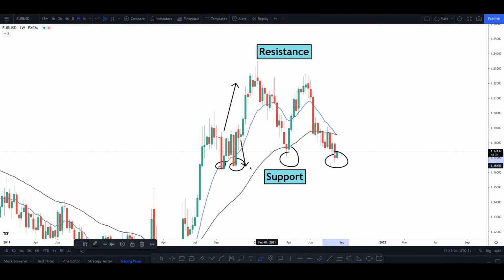So as we can see over here, this is a general, I know it looks a bit sloppy, but this is a general price region where we can see that after multiple tests, the bears are having trouble pushing the price further down. So as you can see, they're quite similar, except it really depends on which direction price action is rejecting it from.